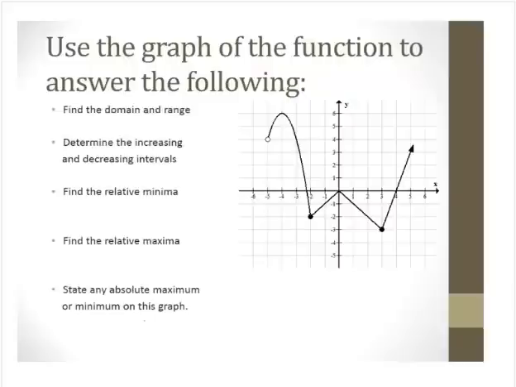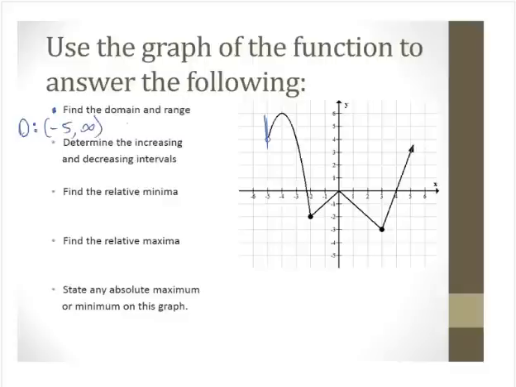So let's see an example. We have this graph, and we're asked to use the graph of the function to answer the following. Let's find the domain and range. Alright, so let's see the domain. We see that we have a minimum value, but no maximum value. So the domain is -5, and it's connected everywhere in between -5 to positive infinity.